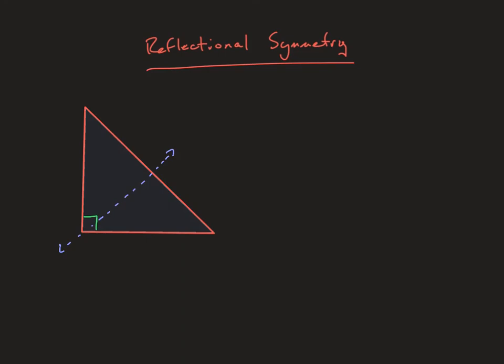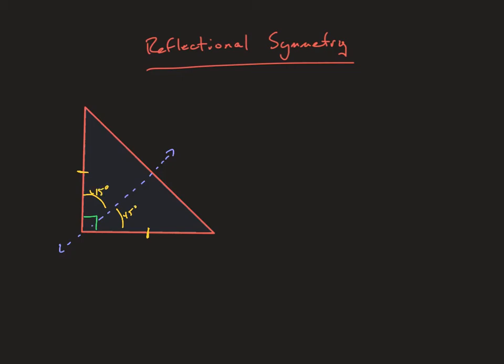If I say that this segment is equal to this segment, then my line of symmetry is bisecting this 90-degree angle. So over here I have 45 degrees, and over here I have 45 degrees.